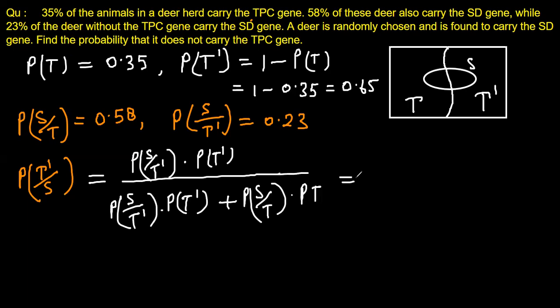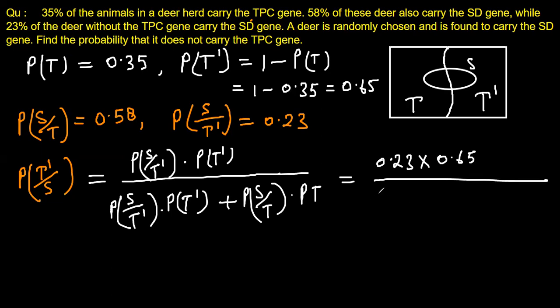What do you get? Simply put these values there. S over T complement is given, that is 0.23. 0.23 multiplied by P(T complement), which is also given. We have calculated here, 0.65. No problem.